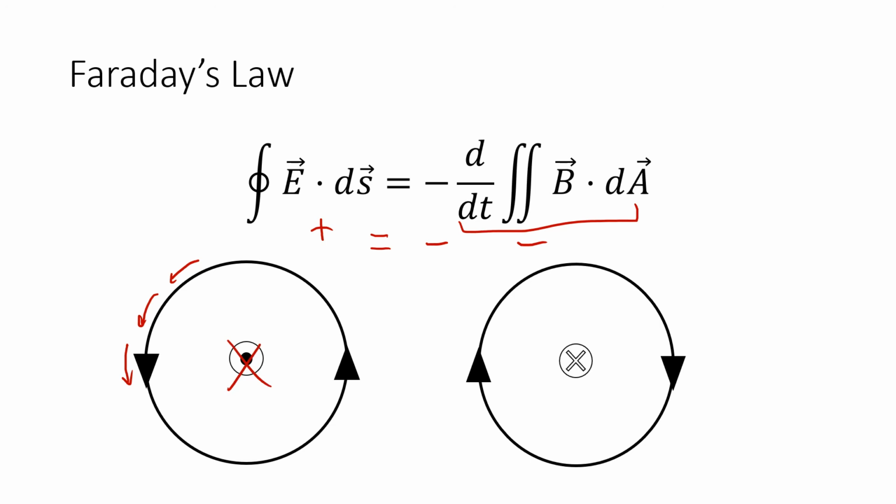And then the same way, if we define this way to be positive, and we have E going in the same direction, and so the line integral is negative. Because of this negative sign, we know that the magnetic flux has to be increasing in a positive direction. And because for this one we've defined positive to be inward, it is increasing into the page.